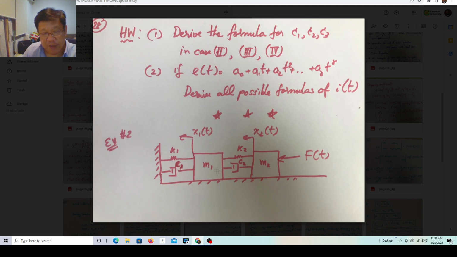Okay, it's a second order system, but once you have two of them connected to each other, you might guess in advance that the resulting model can be what we call the fourth order system. Okay, but that's not what we're going to cover in this clip. That will be illustrated in the next coming clip.